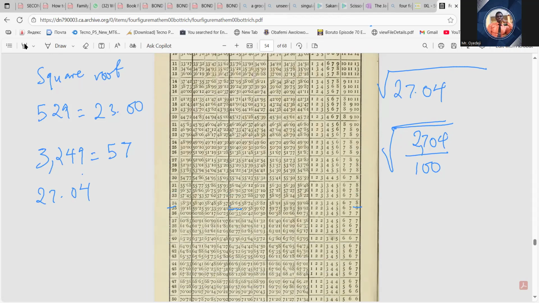So I just need to look for 27 under 0. What's the difference? Difference of 4. 1, 2, 3, 4. So that is 51.96 plus 4.